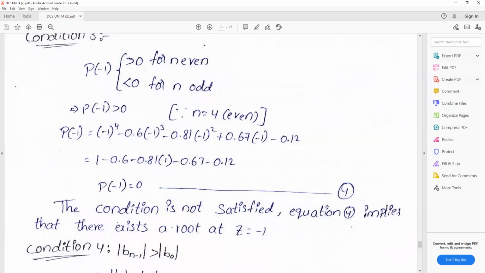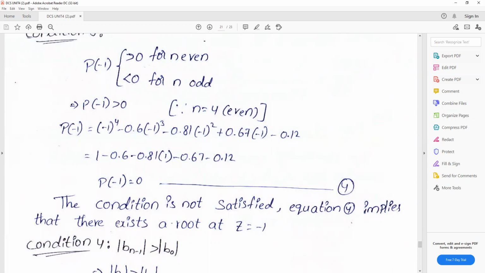Equation 4 implies that there exists a root at z equal to minus 1. What value did we get? P of minus 1 is 0. So when the value is 0, the condition is not satisfied, meaning there exists a root at z equal to minus 1.